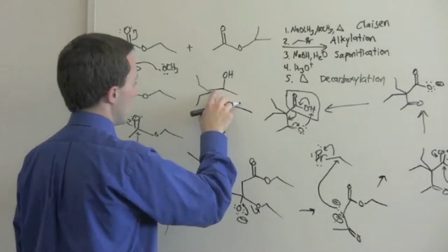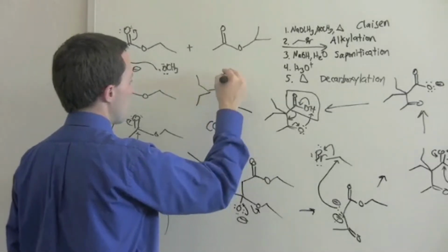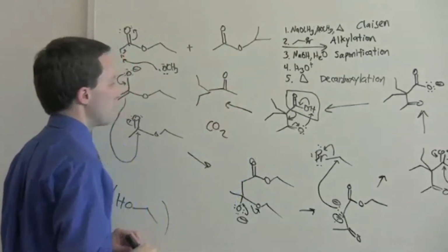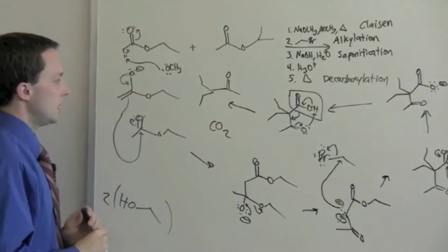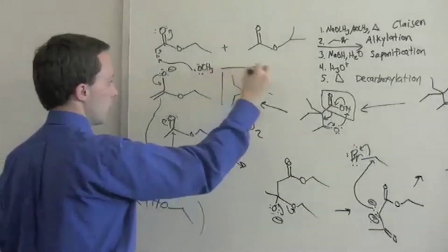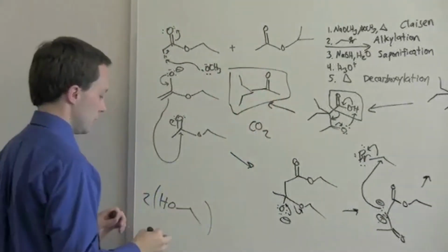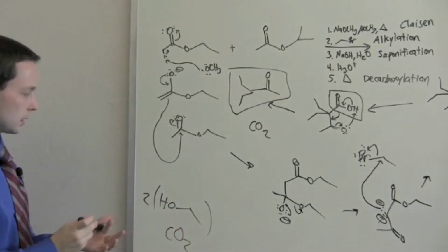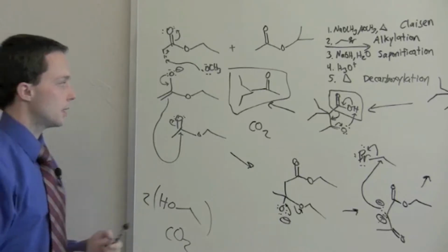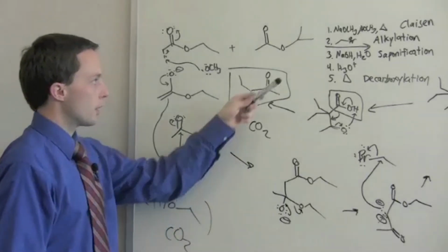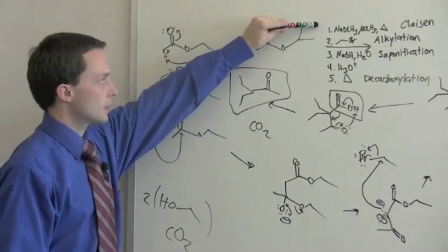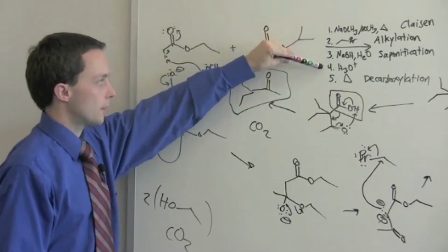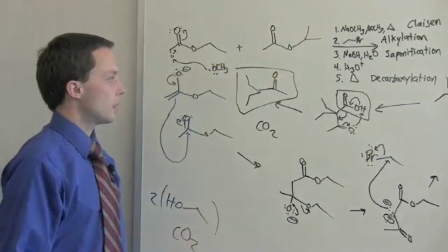And then the enol will, of course, convert and eventually become that. And so we end up with this ketone product as the final product, along with these side products, 2 alcohols and a carbon dioxide. But this ketone is the final product of all of these reactions: the Claisen condensation, the alkylation, saponification, acid step, and decarboxylation.